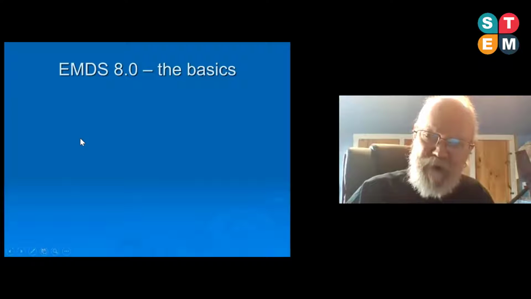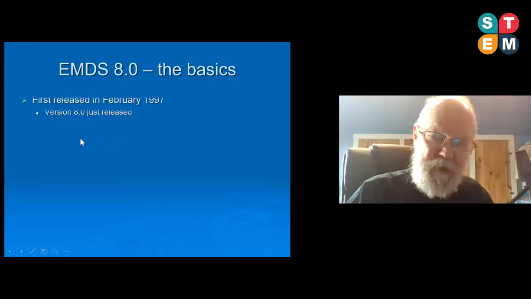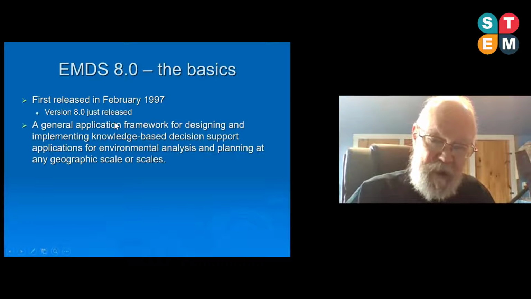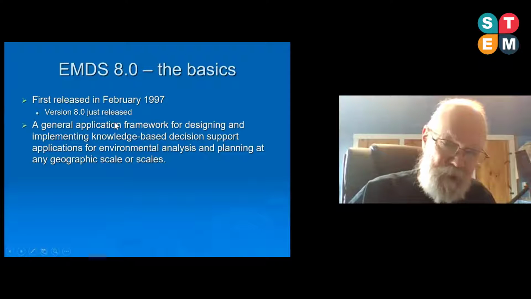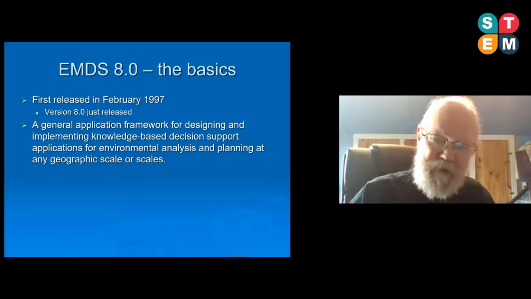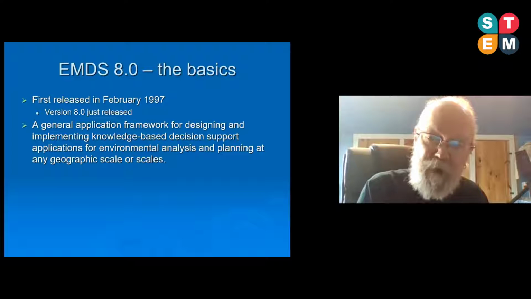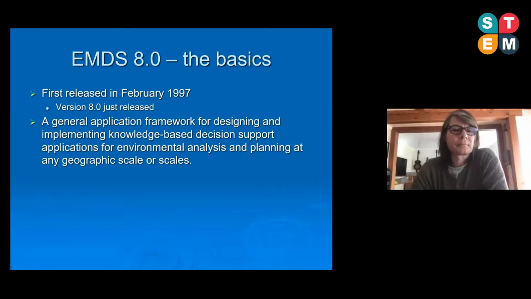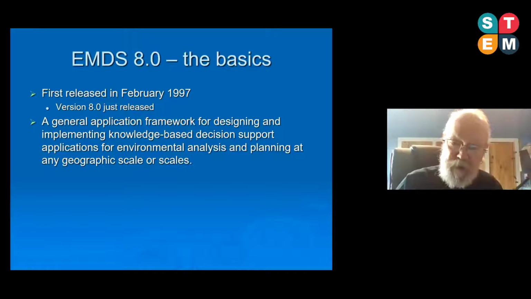So just some basics about this technology. EMDS is a spatial decision support system that's been around for a long time. We started designing it in 1994, and we've just released version 8. The basics of it, in the 25-cent version, is that it's a general application framework for designing and implementing knowledge-based decision support applications for environmental analysis and planning.